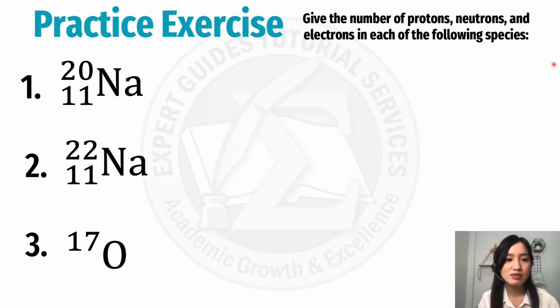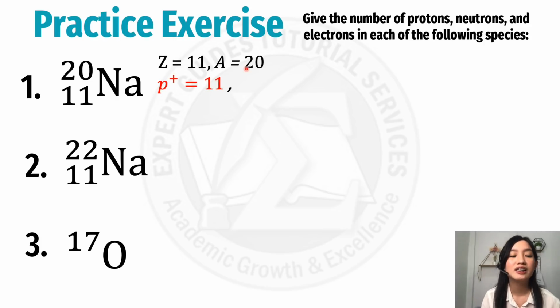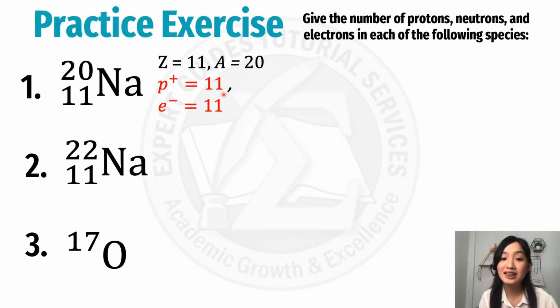So since we can see here that the sodium has an atomic number of 11 and a mass number of 20, so here Z is equal to 11, and the mass number is 20. Since atomic number is equal to the number of protons, our number of protons here is 11. And since number of protons is equal to number of electrons, it's also 11.